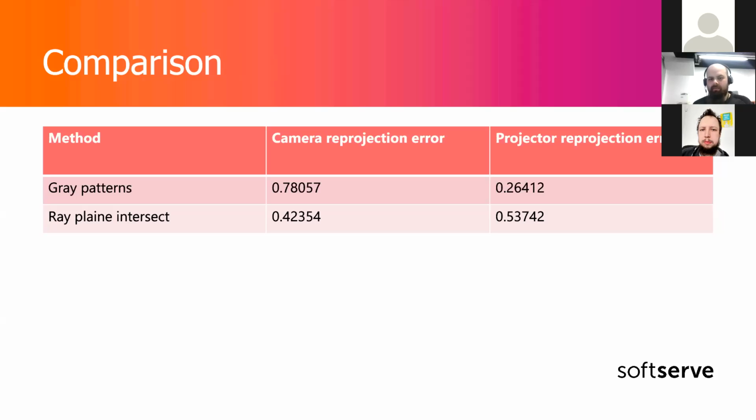Also, it's not mentioned here, but for the stereo calibration, gray patterns were also better. But both methods are still good enough for our point cloud and depth map reconstruction algorithm that Yuri was talking about.